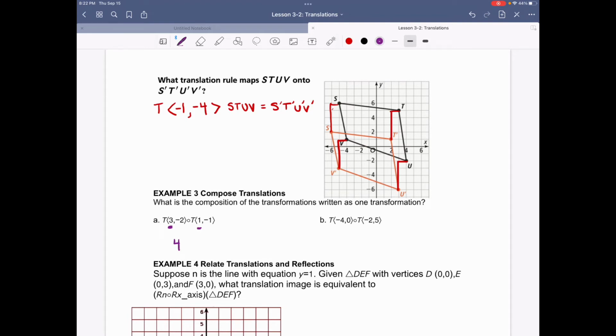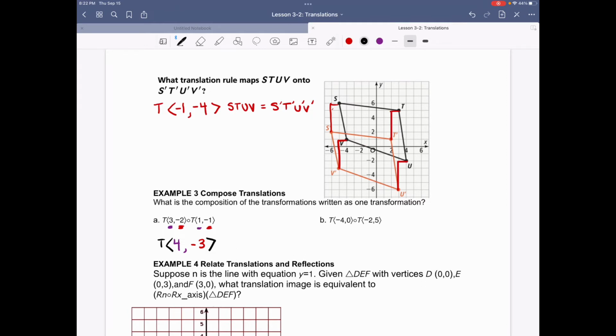Because if you go right 3, but you're also going to go right 1 later, then it's going to be a total of 4. And then we went down 2 and down 1 for a total of down 3. So the composition, if we put them together, is just this. T <4, -3>.